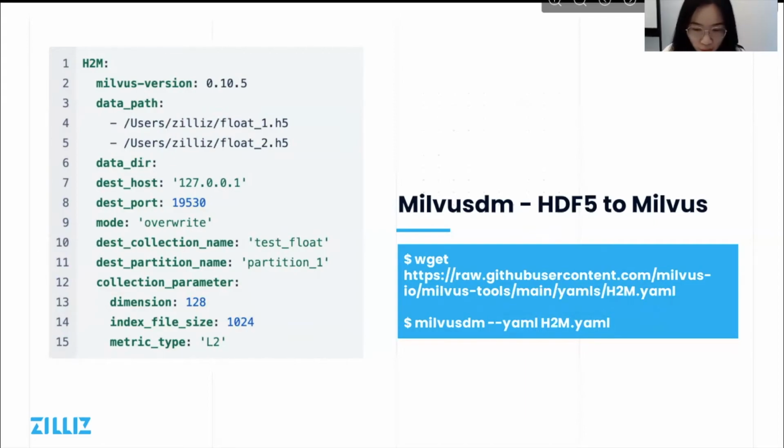It supports more than one path, and the data dir can specify the directory where all the files to be imported are. Only one of those two parameters should be set. The other parameters are the same as in f2m. Once the parameters have been set, you can run this command.